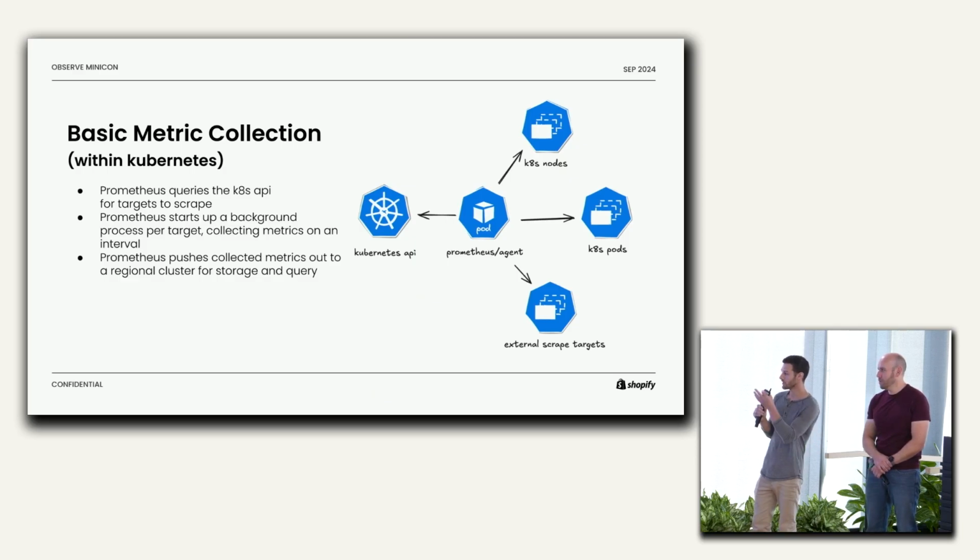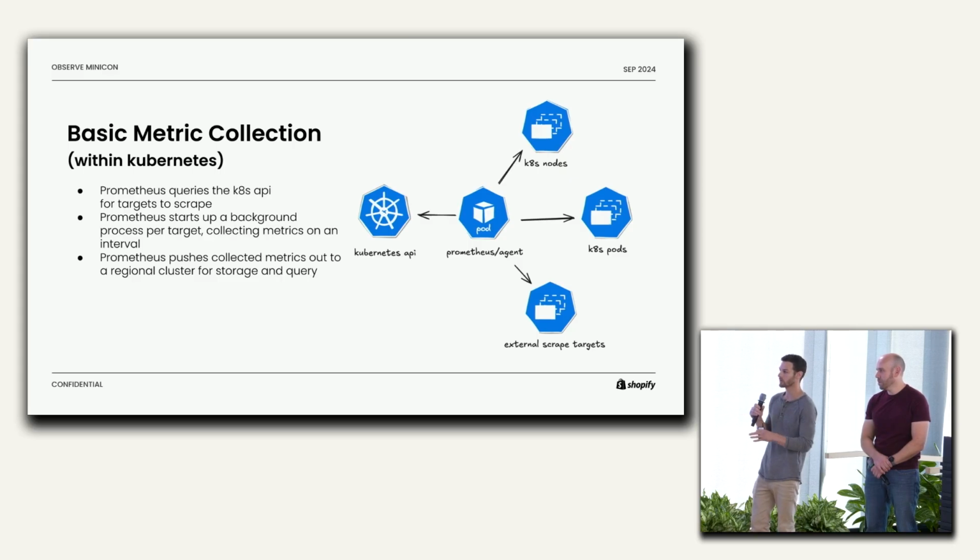But here is a basic diagram of what it might look like using Prometheus. You have nodes, pods, maybe some other external scrape targets. All of these have many targets within them that can be scraped by Prometheus. Prometheus needs to discover all of these targets that exist within the cluster, then reach out to them, with a background process running for each target every 30 seconds, to go out and scrape them and get the metrics.